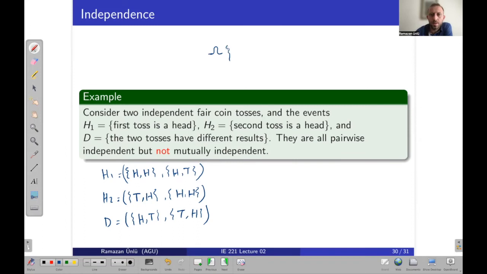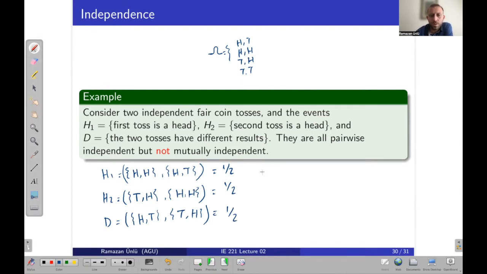Omega is head-head, head-tail, tail-head, and tail-tail. So the probability of H1 is 1/2, the probability of H2 is also 1/2, and the probability of D is also 1/2.